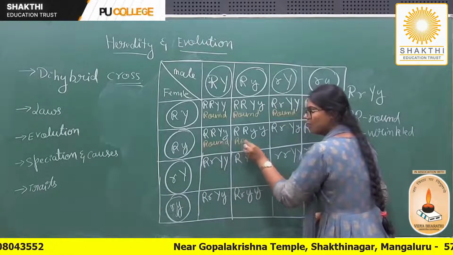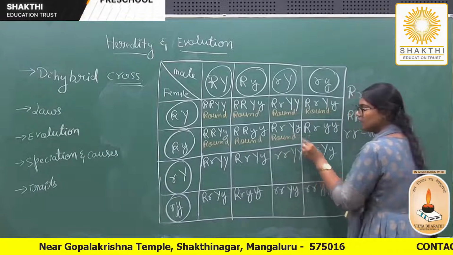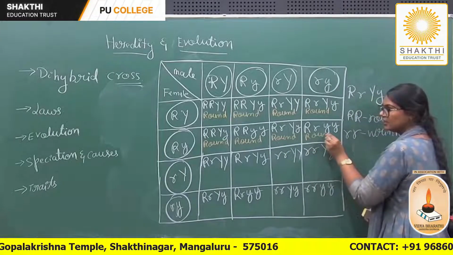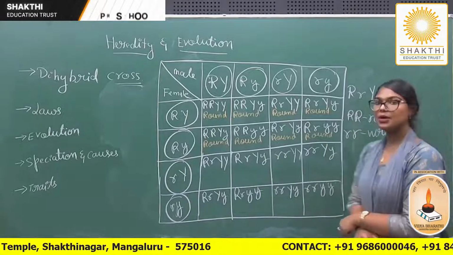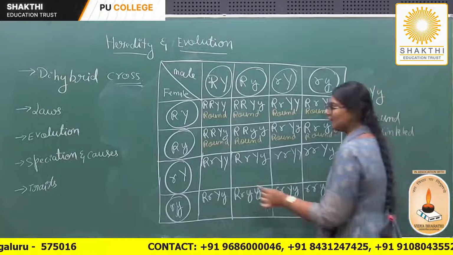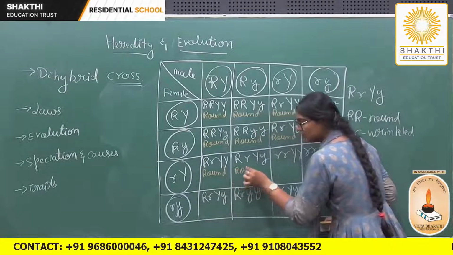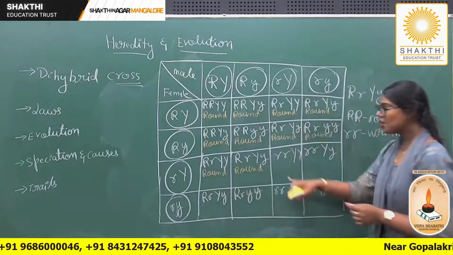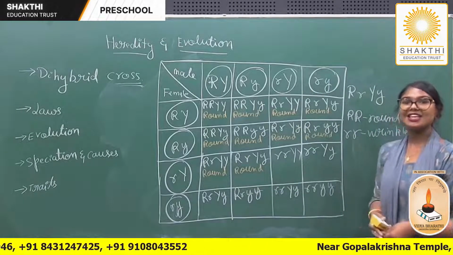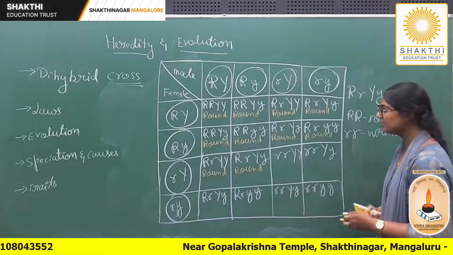Here also we have round, and round. Next we have capital R, small r. Again we have round. This is also round. Small r is wrinkled, correct? So we'll fill it as wrinkled.